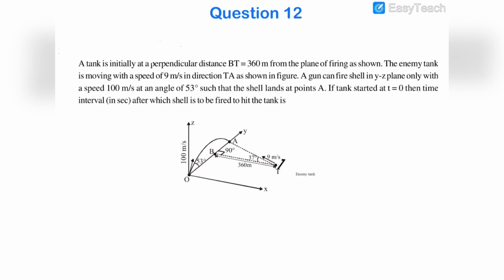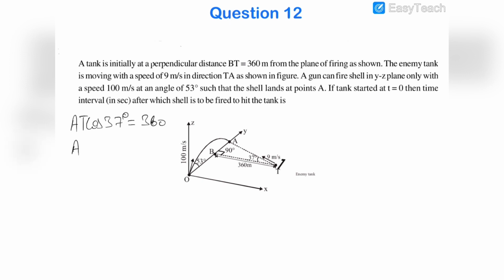So now first of all, let us find out the distance TA. So we can see this point B, this distance, this is 360. So let us suppose that AT cos 37 is equal to 360.